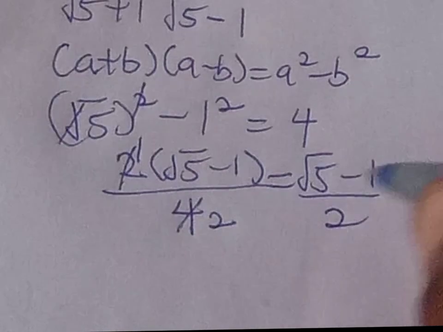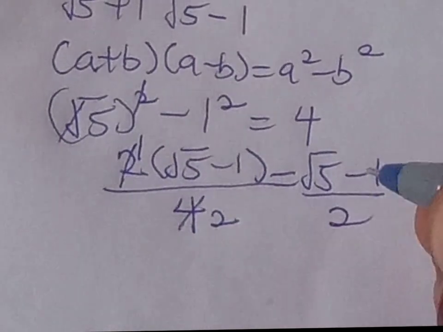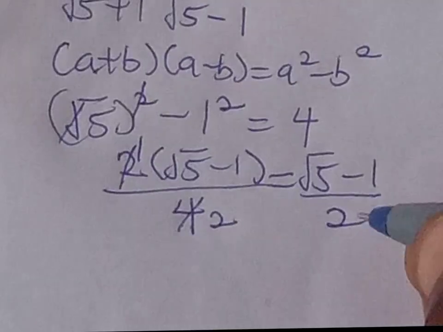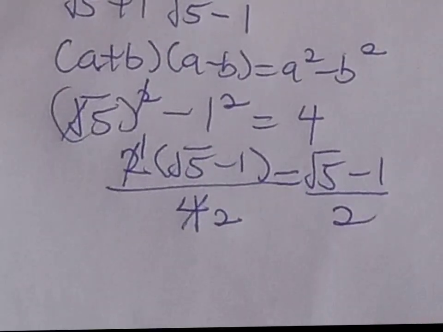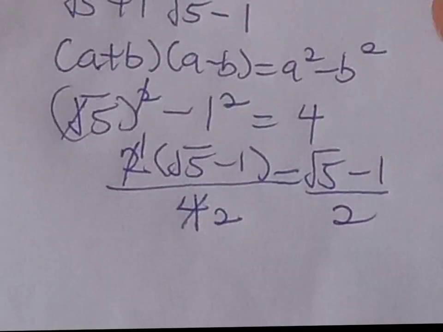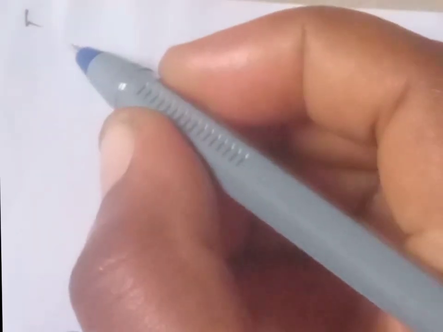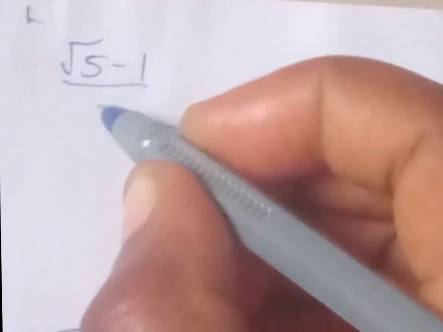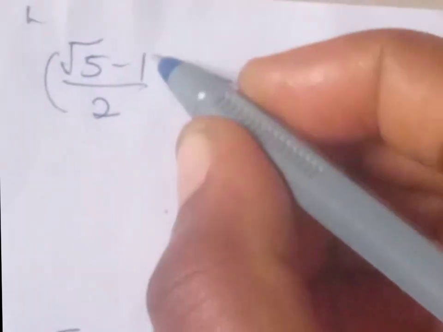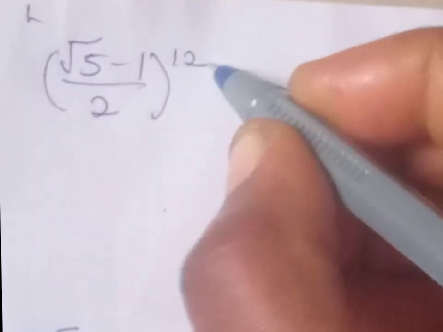Now we are done with the simplification of the fraction inside the bracket. The next thing is the power of 12. Now our original problem has been reduced to simply evaluating root 5 minus 1 divided by 2, raised to the power of 12.